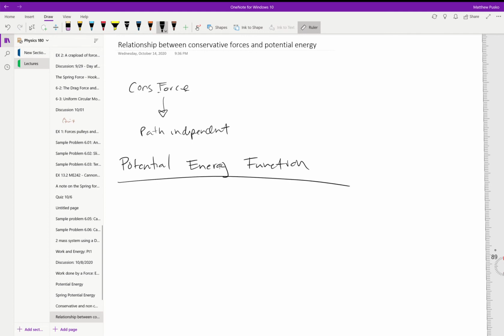So imagine we have a mass or a system of particles, and we have a force acting on it, moving along the x-axis. We showed that we could find the work done as the integral from the initial position to the final position of that force F of x dx.